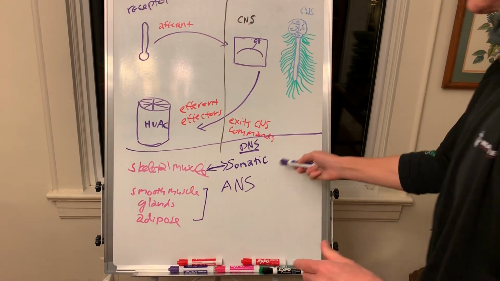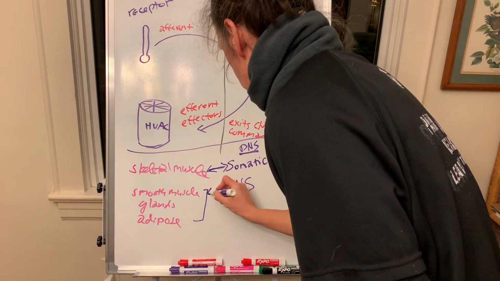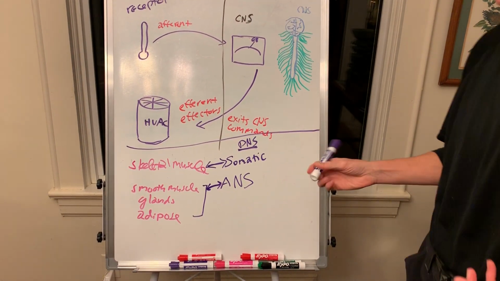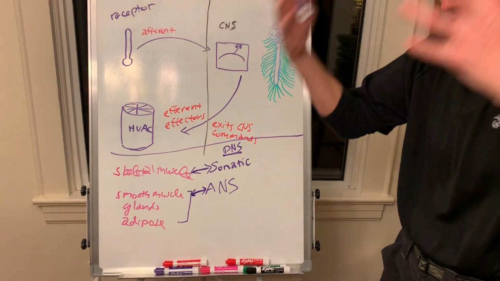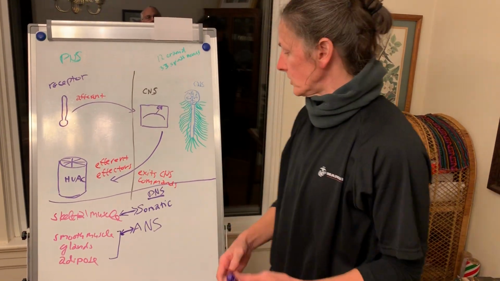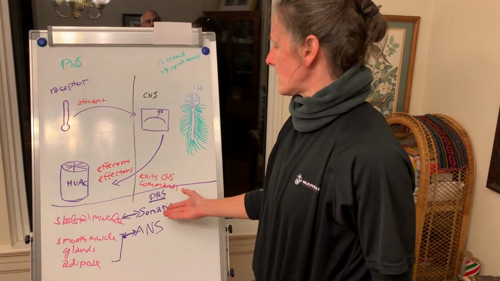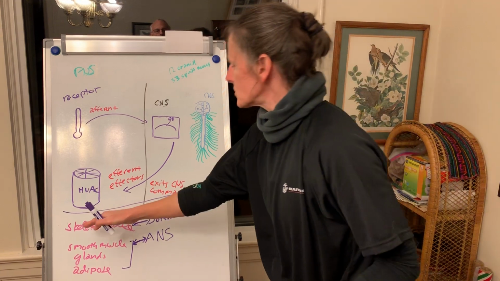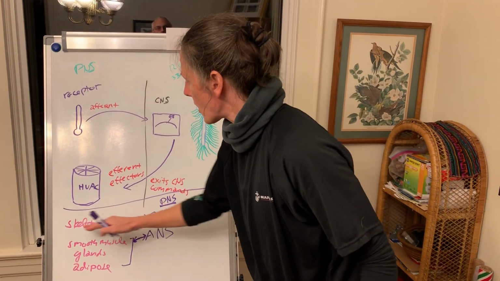So our somatic nervous system is going to be under our conscious control. So when we do something, the somatic nervous system, when we consciously decide to walk somewhere or write on the board or listen in class, this is part of our somatic nervous system as we're writing the notes that we're hearing. So we consciously control this, and this controls our skeletal muscles.